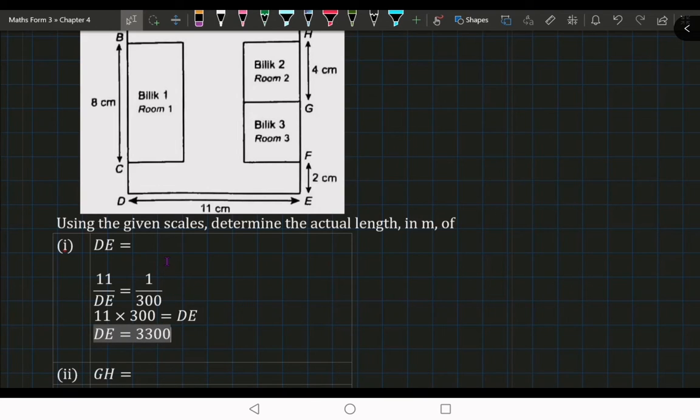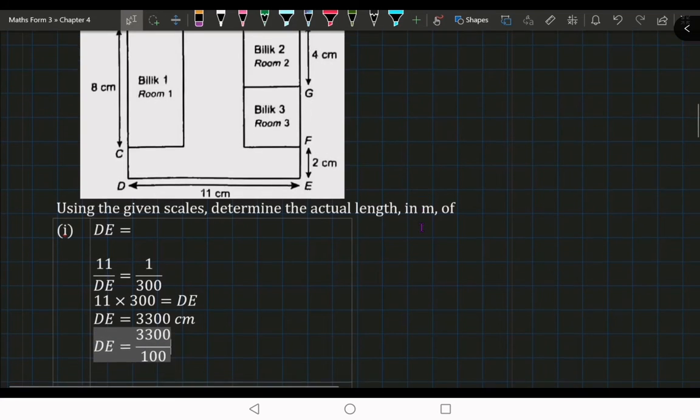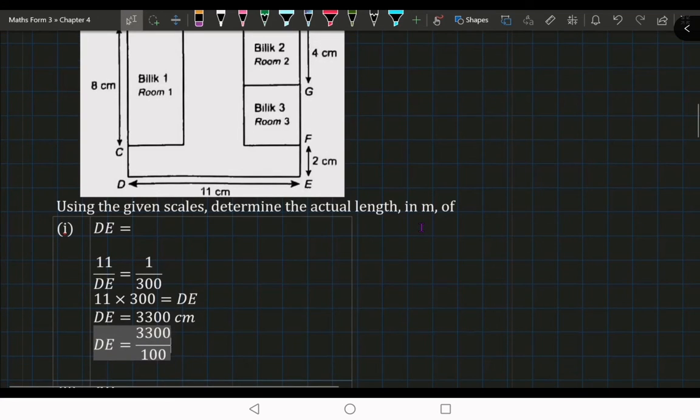This one is in cm, but the question is asking for the actual length in meters. We are going to convert to meters, that means divide by 100. So we get the answer: 33 meters.